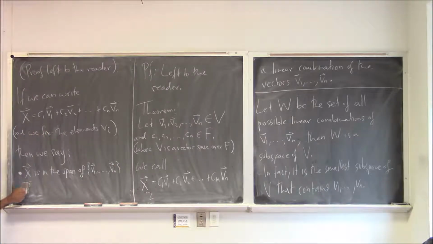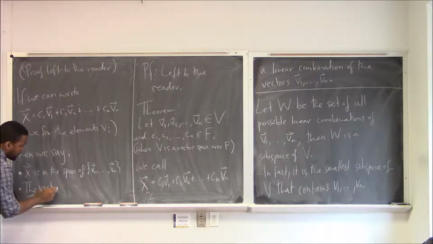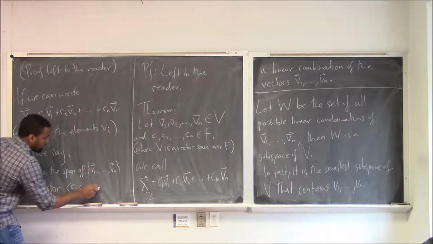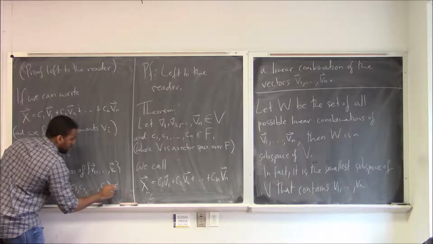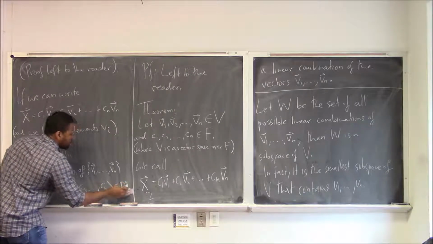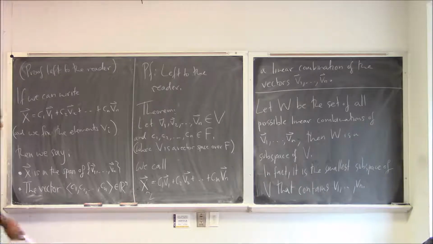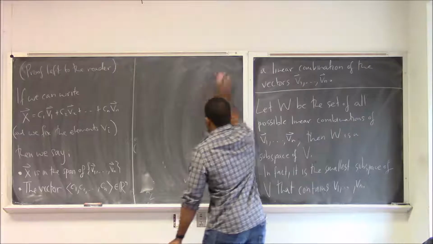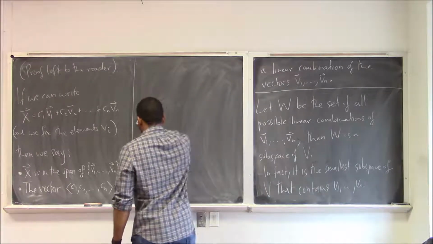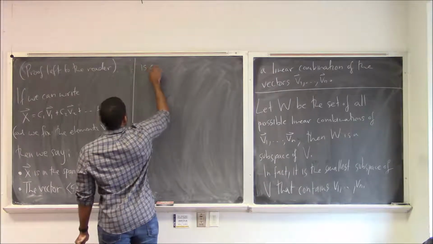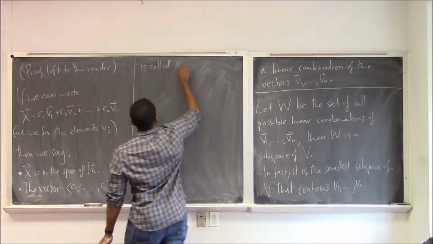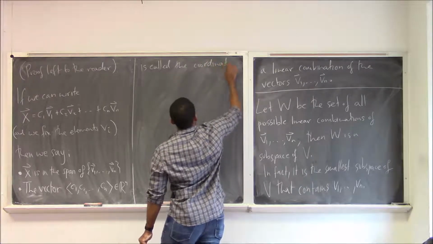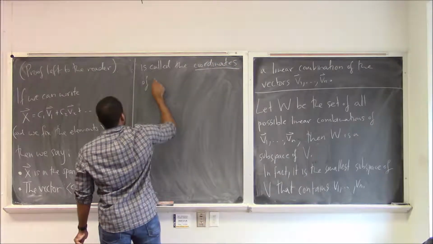And we can say the vector C1, C2, Cn, notice that guy would live in Rn, assuming my field is the real numbers, is called the coordinates of X.